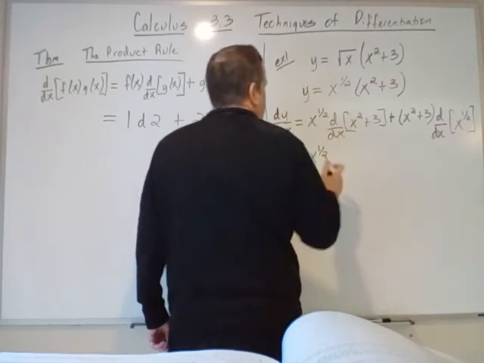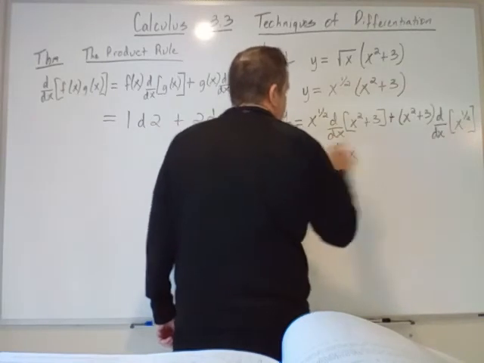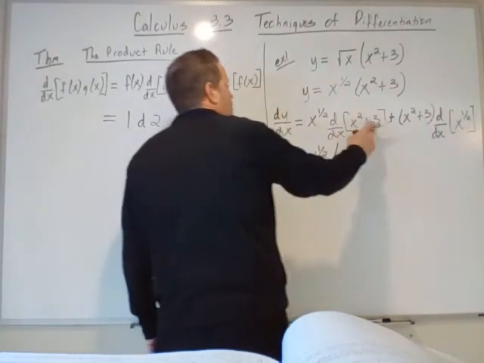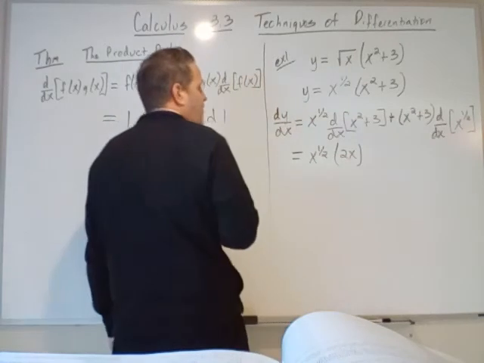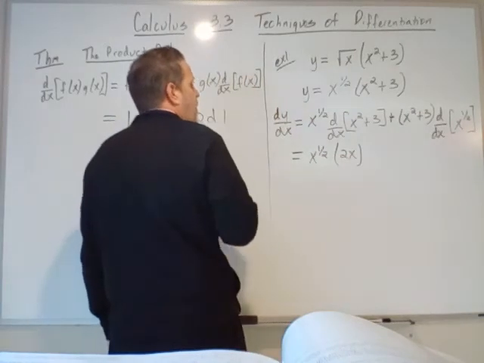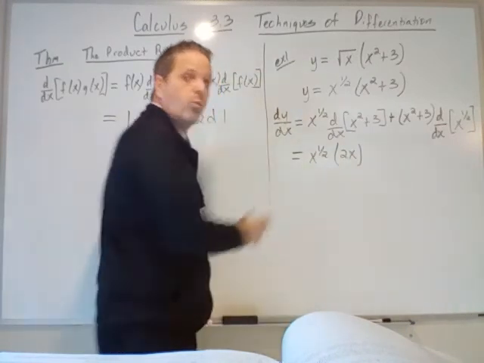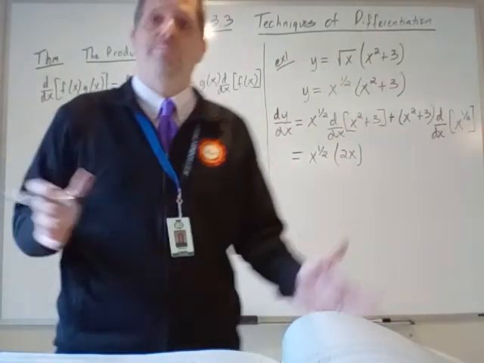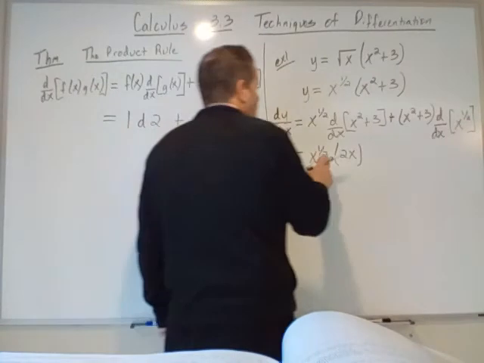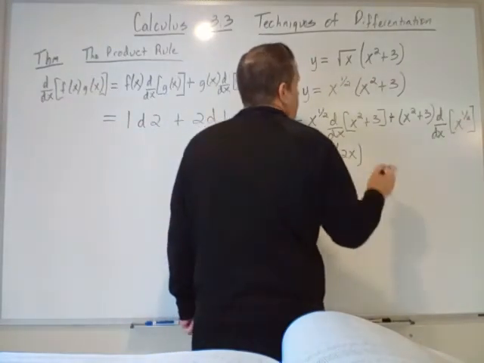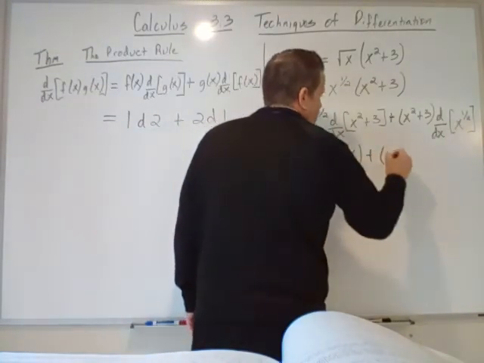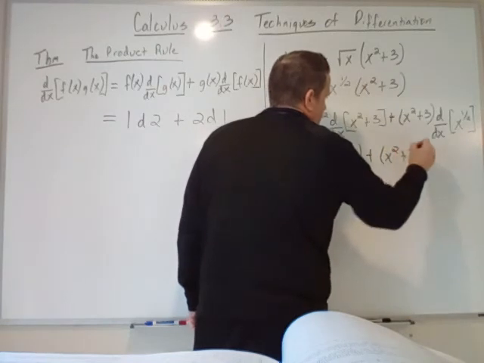The derivative of x squared is 2x. The derivative of 3 is 0. Notice the operators are gone. Once I've taken that derivative, we drop the operator. So I've got x to the 1/2 times 2x, plus the second function, which is x squared plus 3.